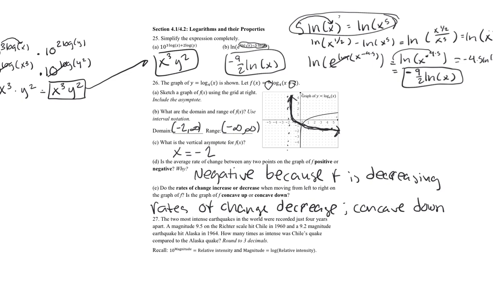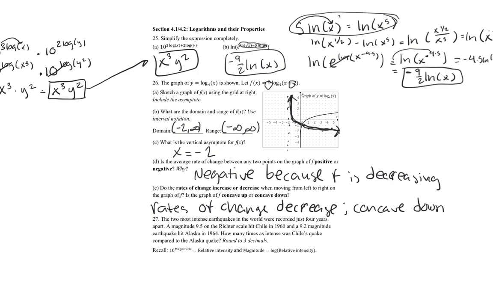And that's problem 26. All right, so for problem 27, it says the 2 most intense earthquakes in the world were recorded just 4 years apart. A magnitude 9.5 on the Richter scale hit Chile in 1960, and a 9.2 magnitude earthquake hit Alaska in 1964. It asks how many times as intense was Chile's earthquake compared to the Alaska quake, rounded to 3 decimals.